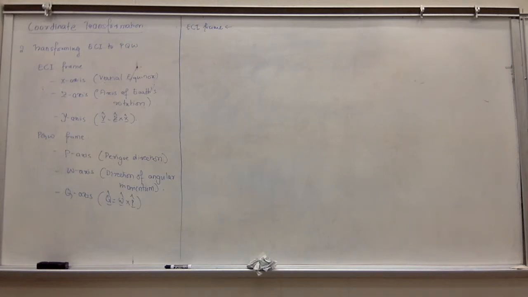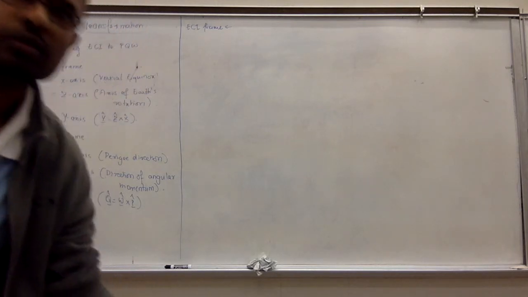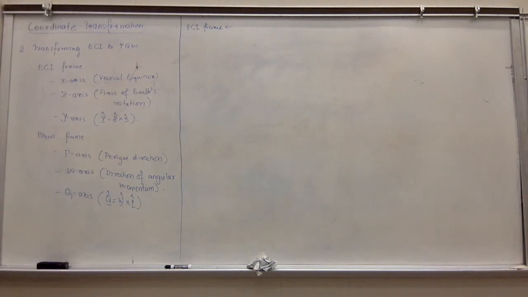If the axis of rotation is this, the orbital motion is this. So you see my hand direction? That is my W axis. And your X is going up, and your Y is coming out this way.